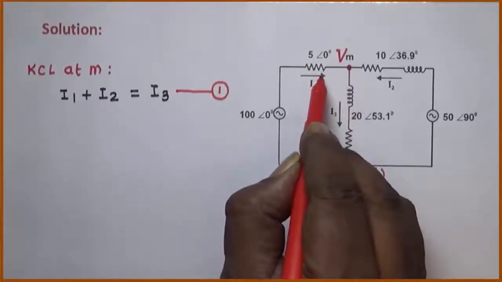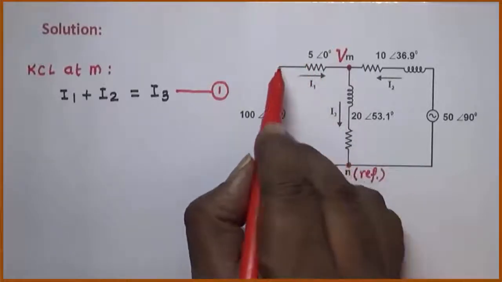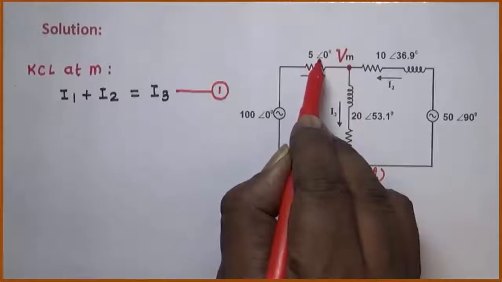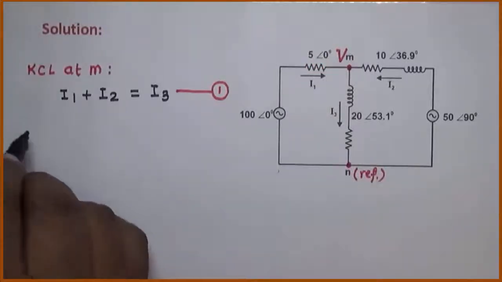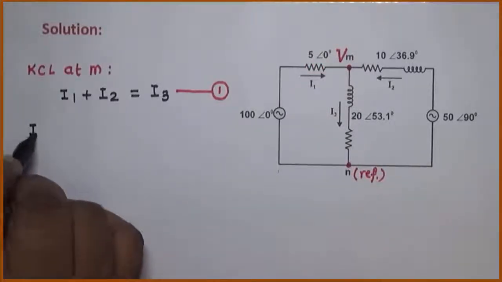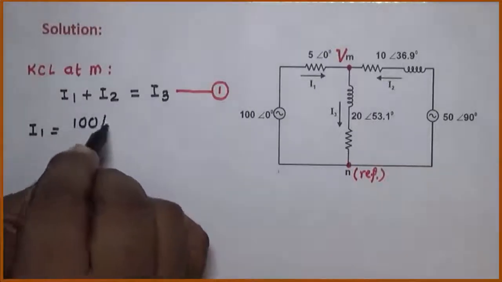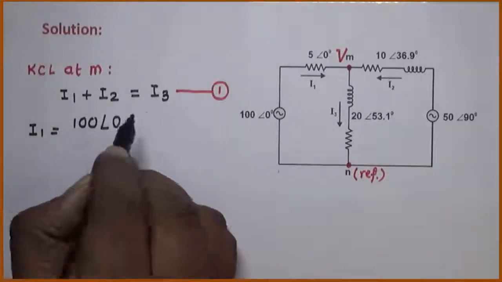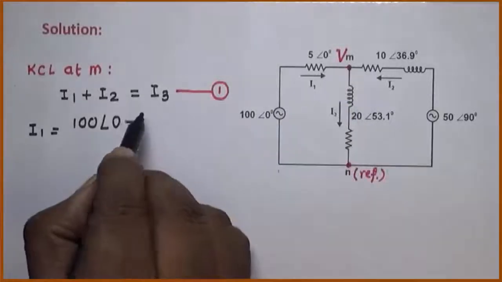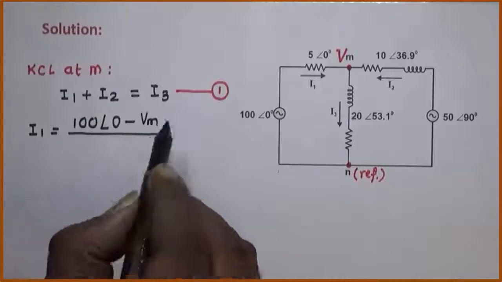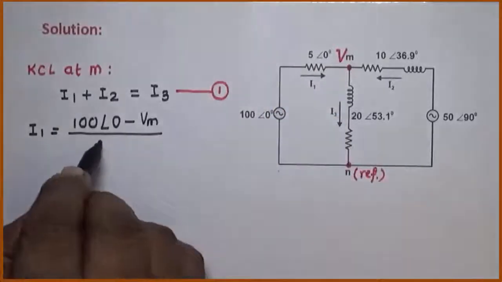So current I1 is expressed as 100 angle 0 minus Vm divided by 5 angle 0.